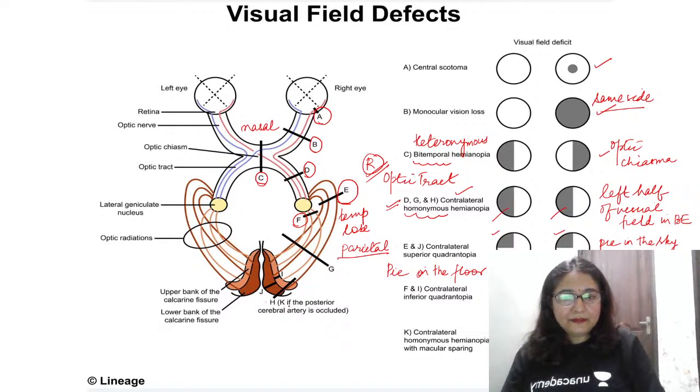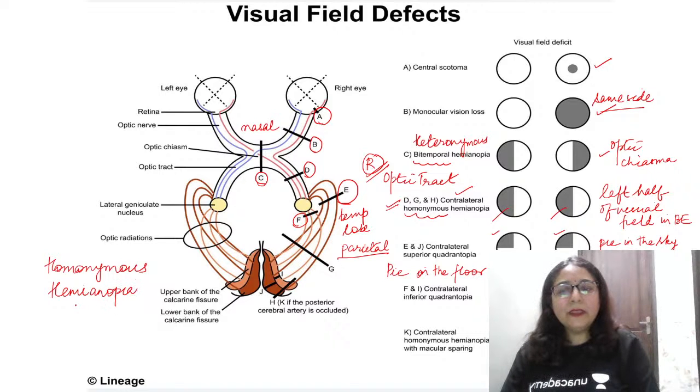And last, if the occipital cortex is involved, that also produces homonymous hemianopia, just like the optic tract lesion. But this homonymous hemianopia is different. That is, there is sparing of the macular field.